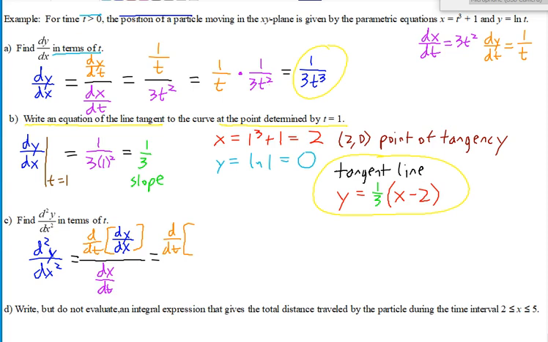But to make it easier so that we don't have to use the quotient rule, it's easier if you rewrite it as 1/3 and use negative exponents, t to the negative 3. And then divided by dx dt, which we already figured out was 3t squared right here.